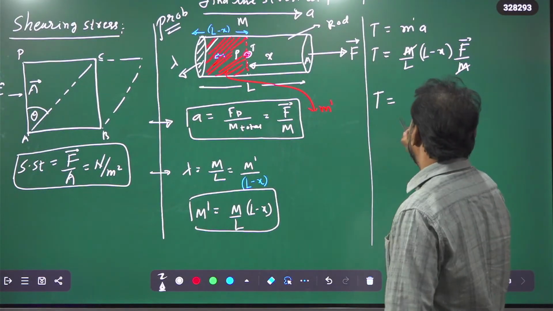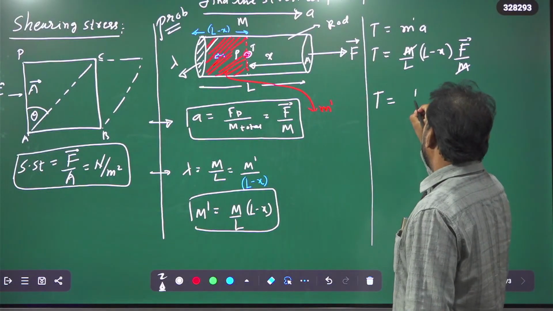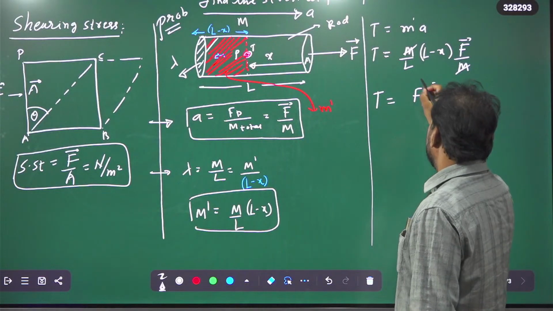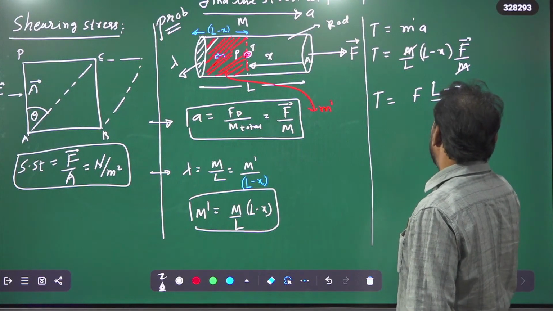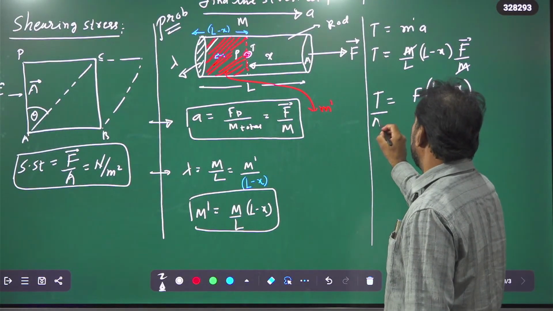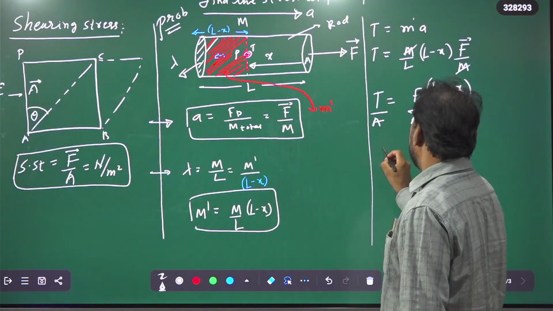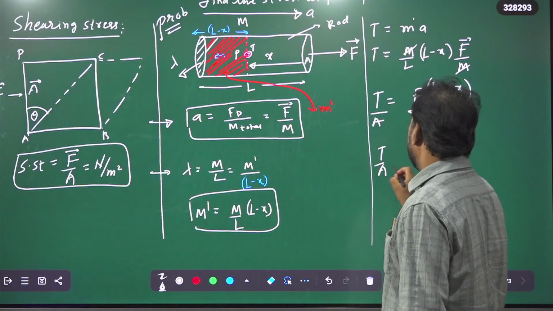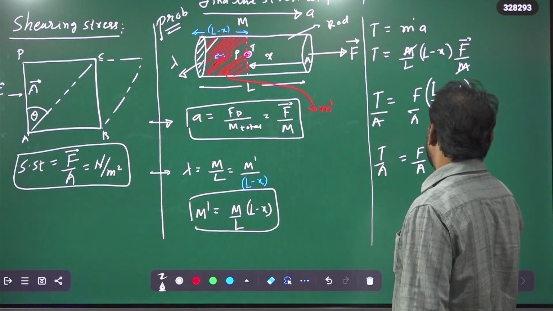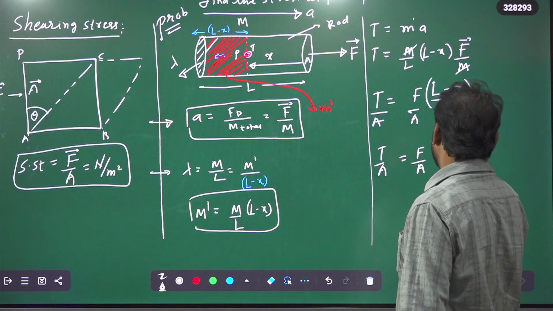So T is equal to F into (L minus x) upon L. Dividing both sides by A, T upon A is equal to F upon A into (1 minus x upon L).